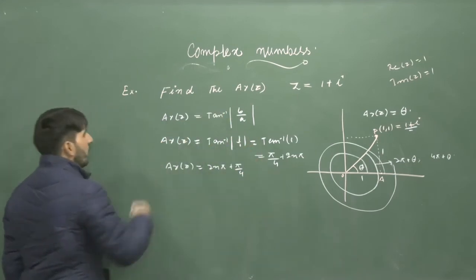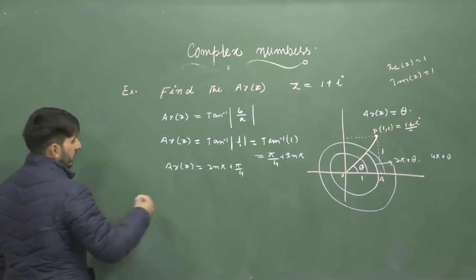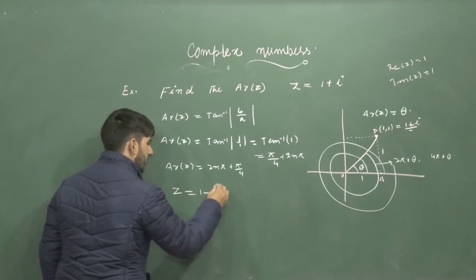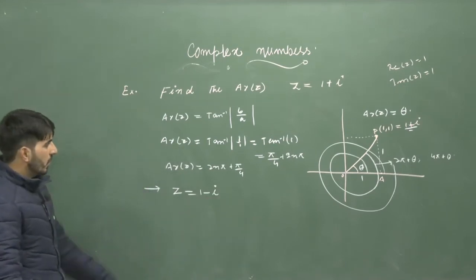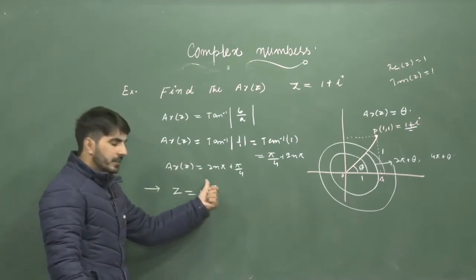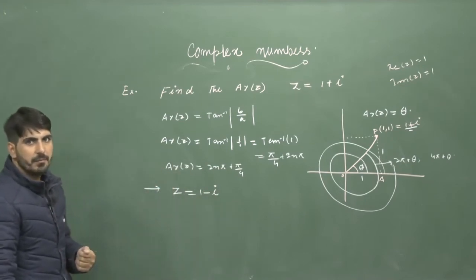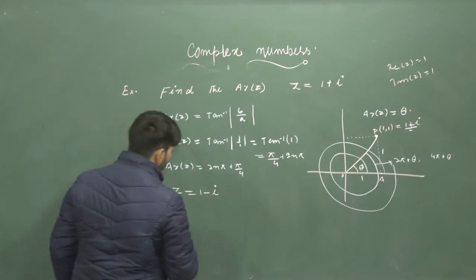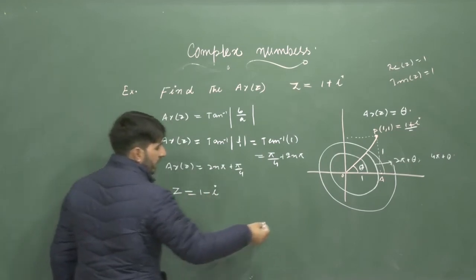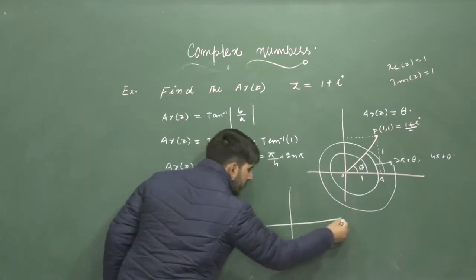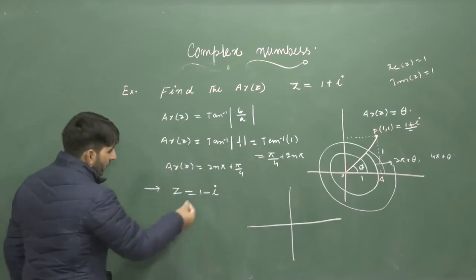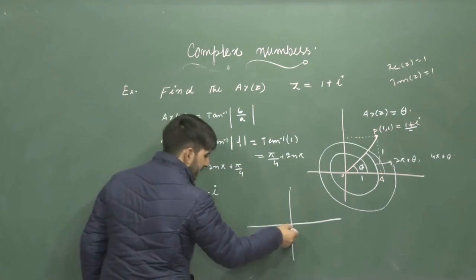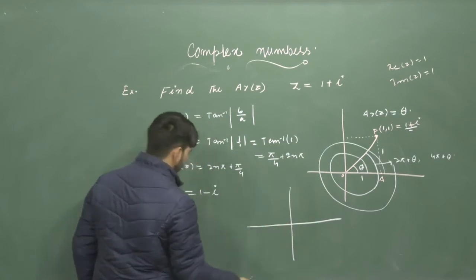Now, if we have a complex number like this, say z is equal to 1 minus i, we have to find the argument of this complex number. So, first we will see here 1 minus i, that is plus minus, lies in the fourth quadrant.